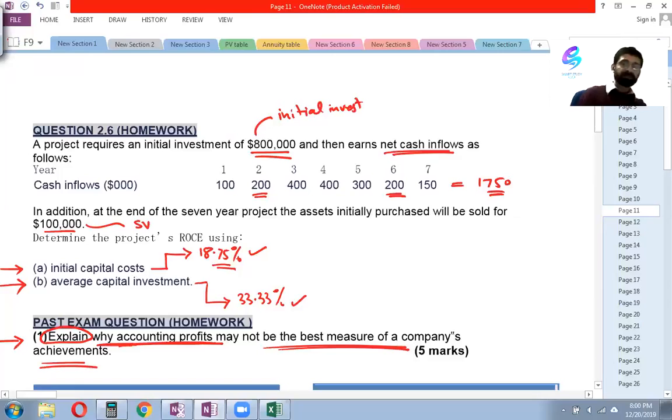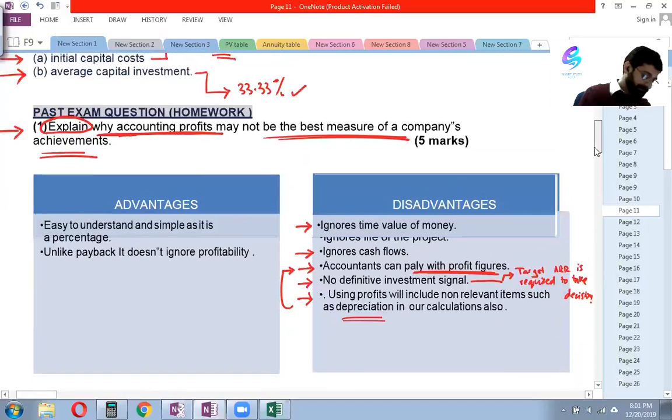Of course, if the time period is far away from you, the value will be smaller, right? Just in case you forget, if you have 200,000 now, and let's say you have 200,000 after 6 years, you can see that that will be looking comparatively smaller, right? So time value of money is totally ignored.